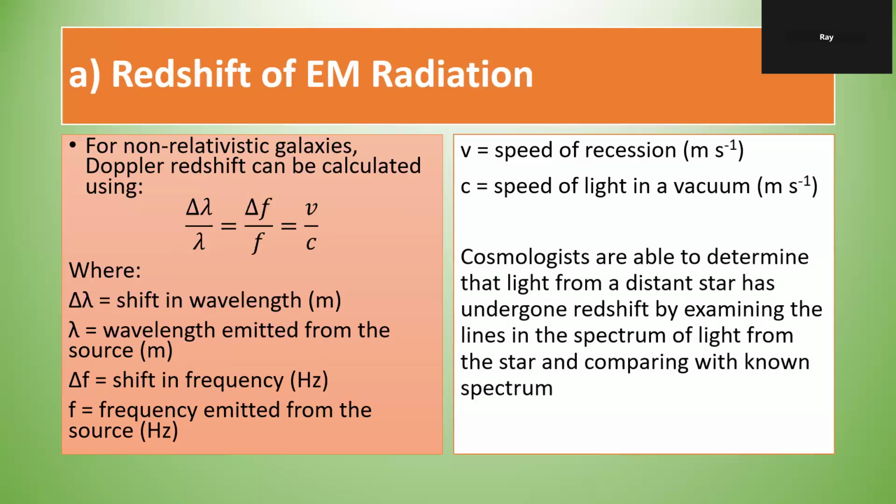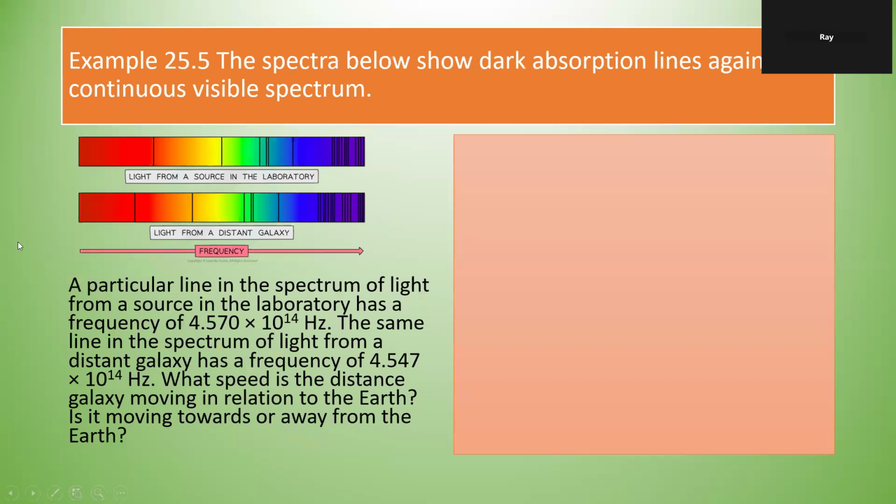Cosmologists are able to determine that light from a distant star has undergone redshift by examining the lines in the spectrum of light from the star and comparing with the known spectrum. As we have shown there, you can try this question. That one is a source measured on Earth. You can measure from a distant galaxy. The spectral lines below show dark absorption lines against the continuous visible spectrum.